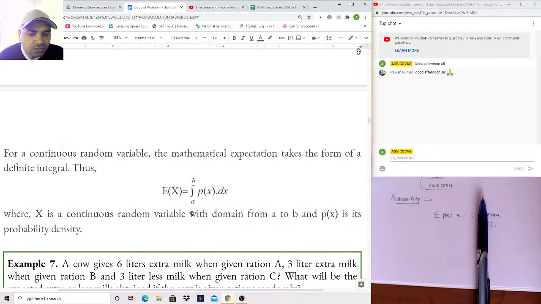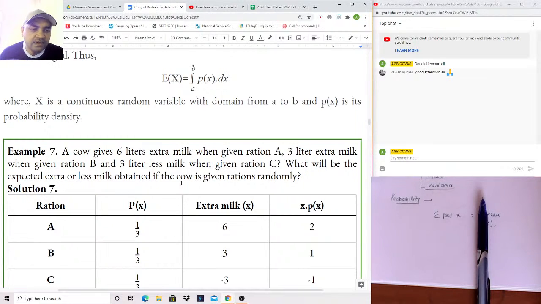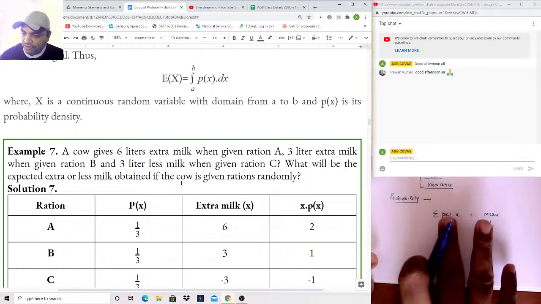Now we will try to understand this with some examples, and why it becomes important to us. This example states that a cow gives 6 liters extra milk when given ration A, 3 liters extra milk when given ration B, and 3 liters less milk when given ration C. So a cow has been given three types of rations.